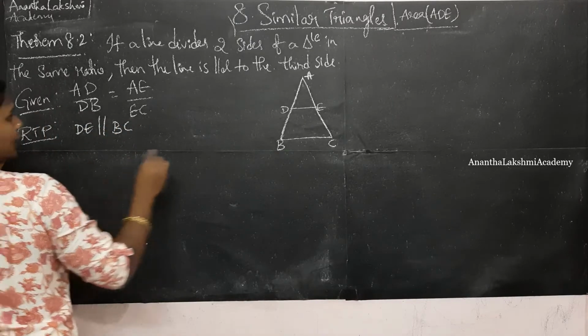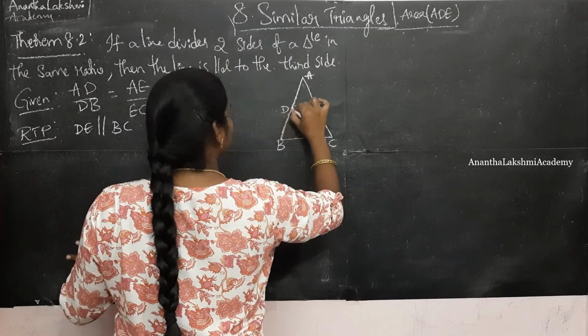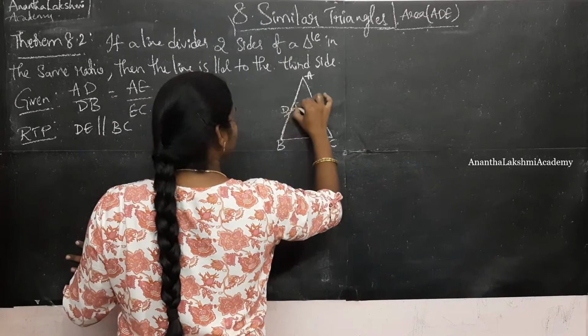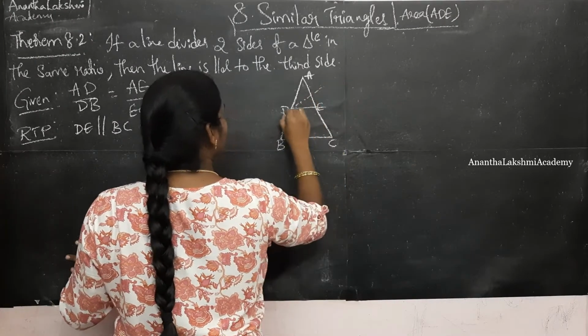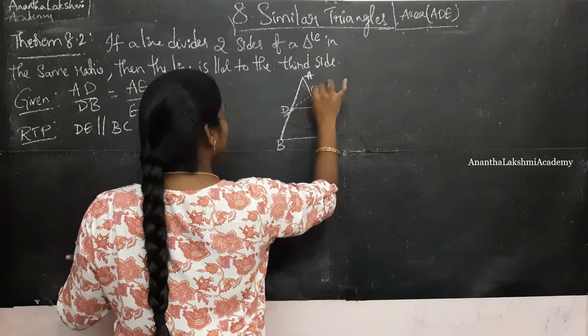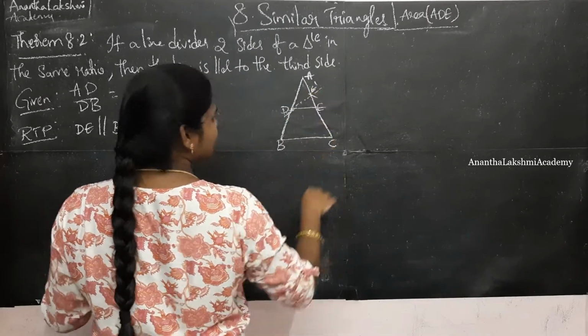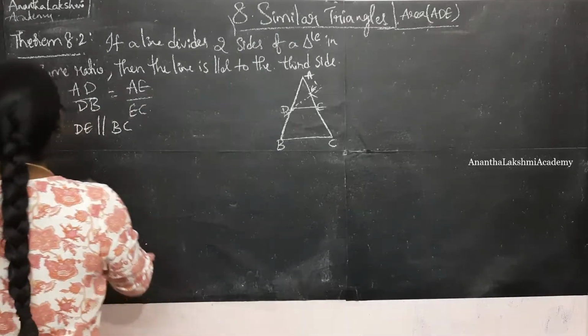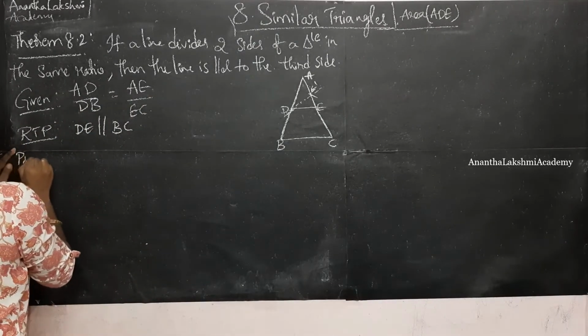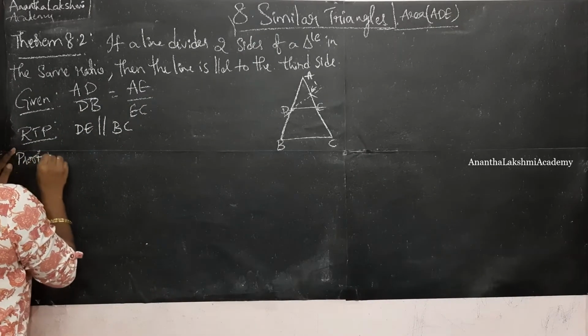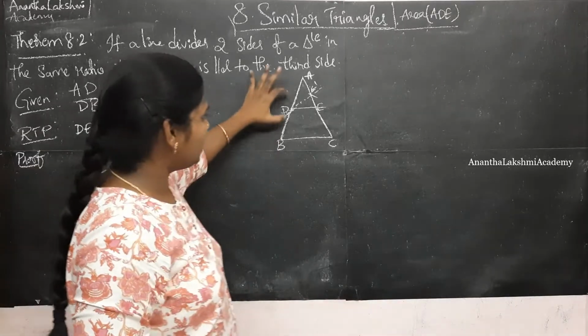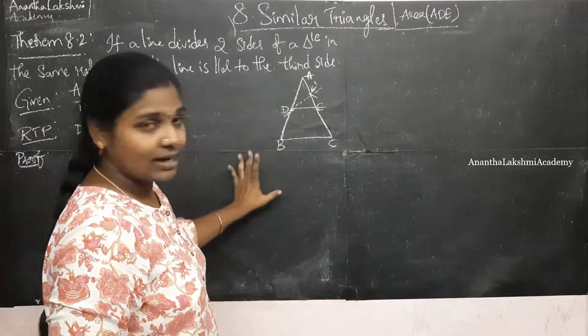Okay, before going to the proof, let me draw one more line DE dash, which cuts AC at E dash. Okay, so let me jump into the proof. Within the proof, we need to say that DE is parallel to BC.